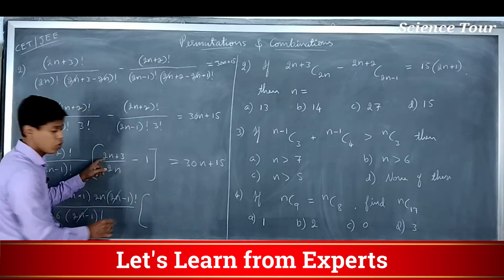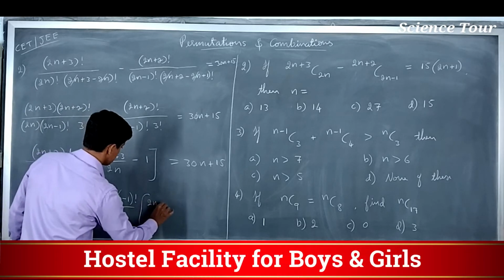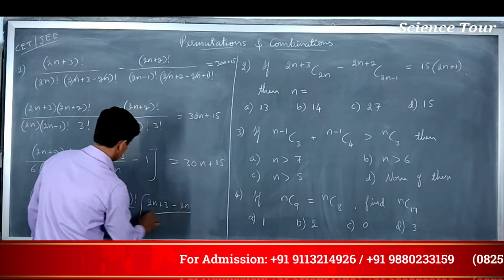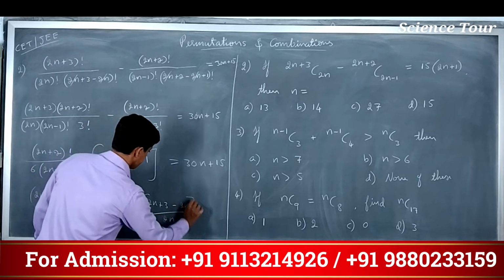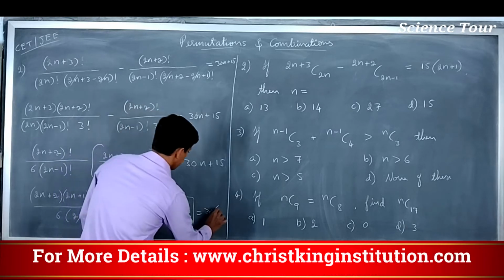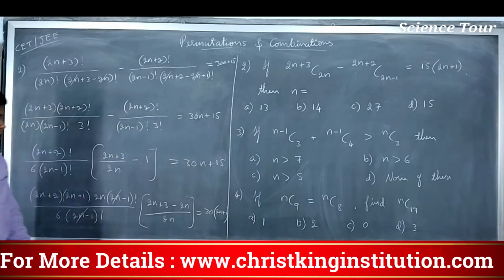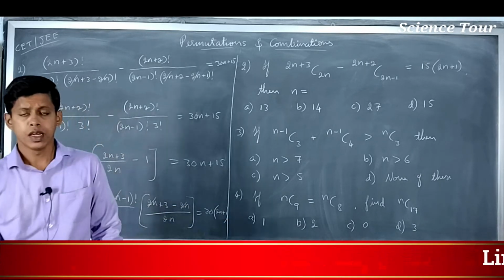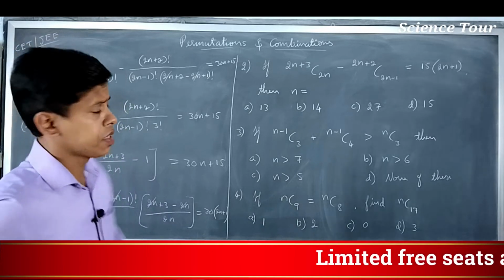I am taking LCM over here. So this is (2n+3) minus (2n), divided by 2n, which is equal to 30 into (2n+1). Okay. So cancel this 2n and let us work out the remaining things.